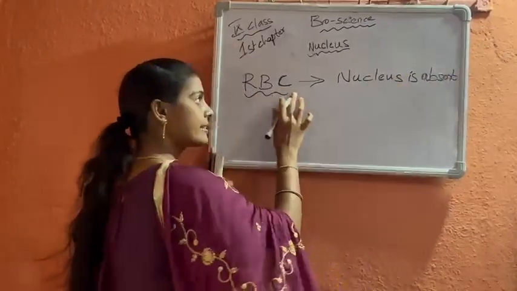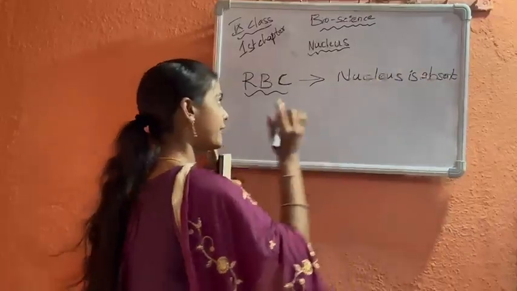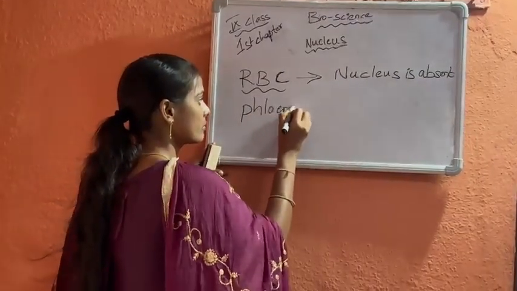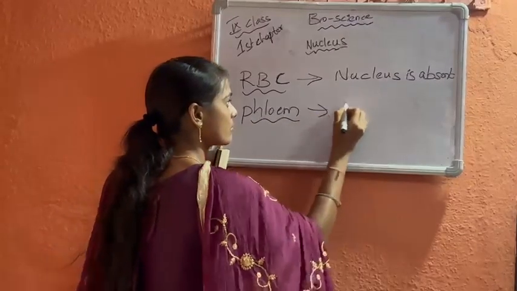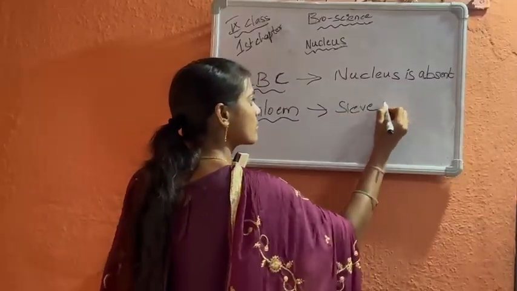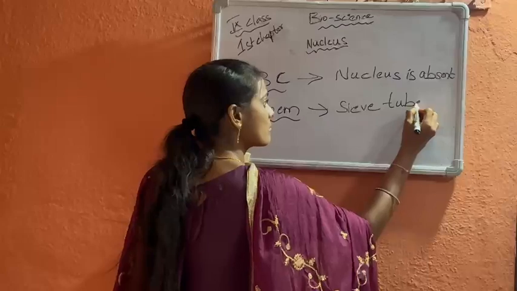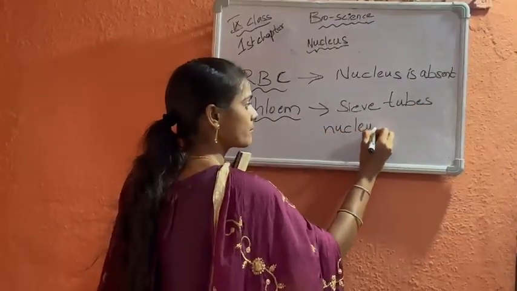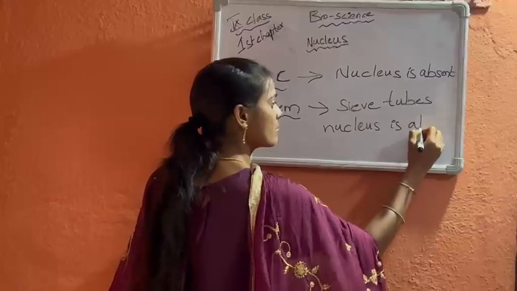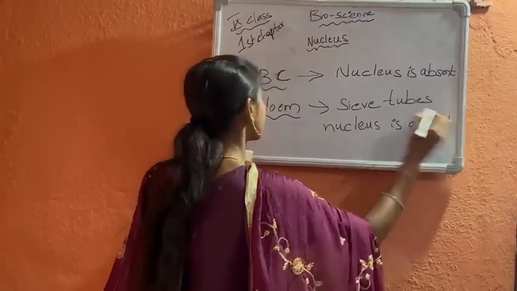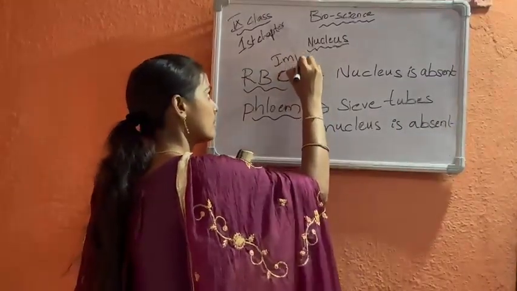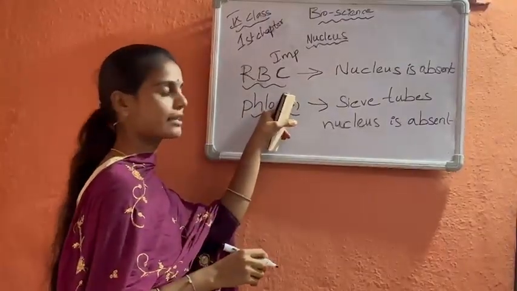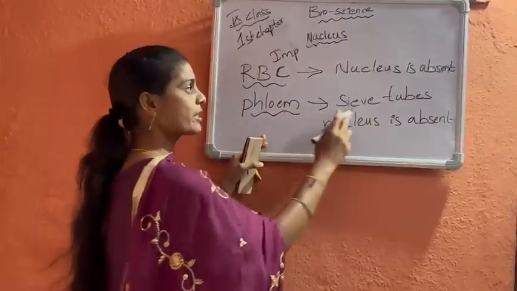In red blood cells, nucleus is absent, and also in phloem sieve tubes. Most important, nucleus is absent in red blood cells of human beings and also in phloem sieve tubes.